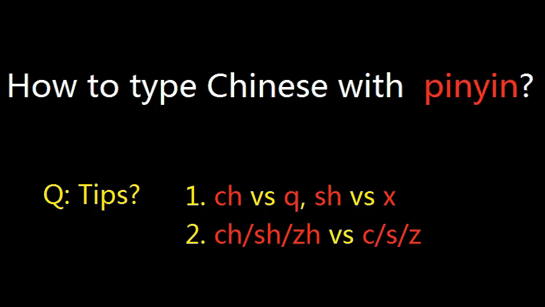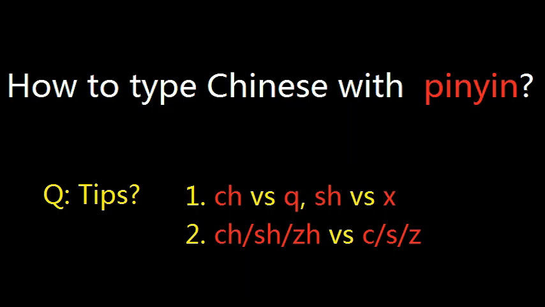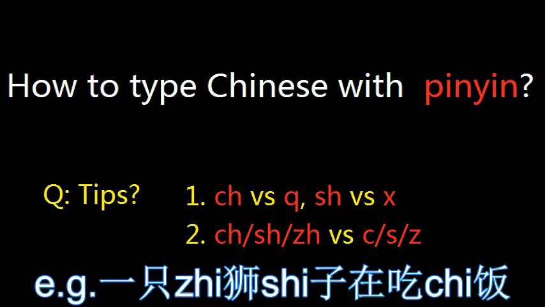You just put a piece of paper in front of your screen, and when you cannot find that character, you may take a look at that piece of paper and see whether you have mistakenly used CH for Q and SH for X.